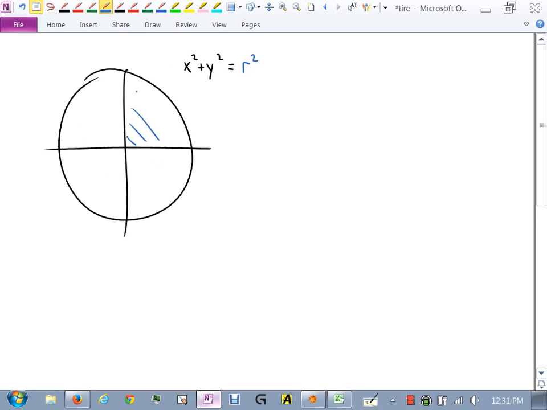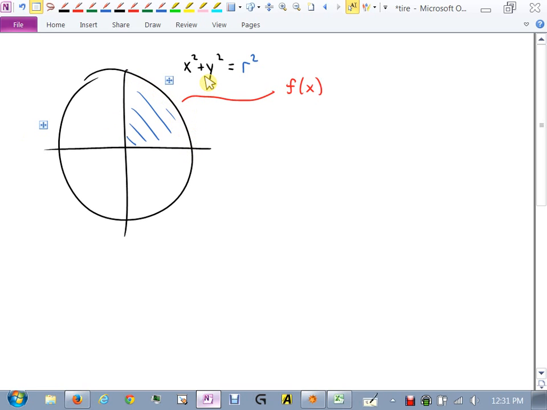I'm going to focus on just this first quadrant. What I need to do is come up with a function that draws that top right corner of the circle. So what is the function that would draw this curve?